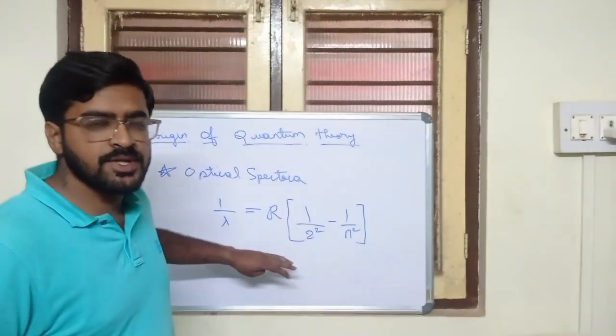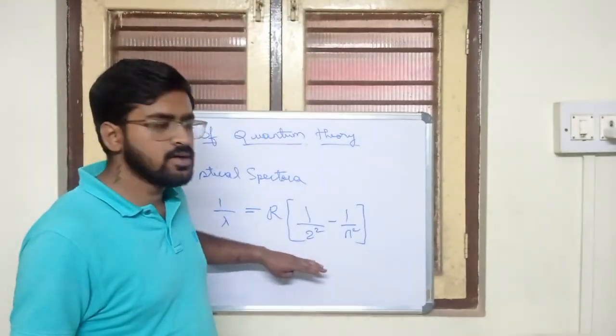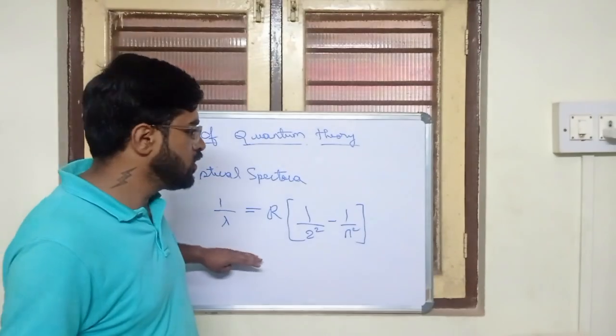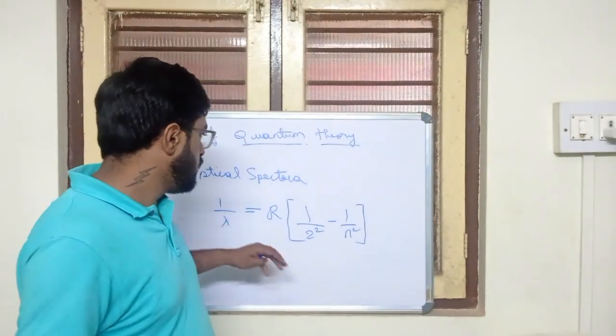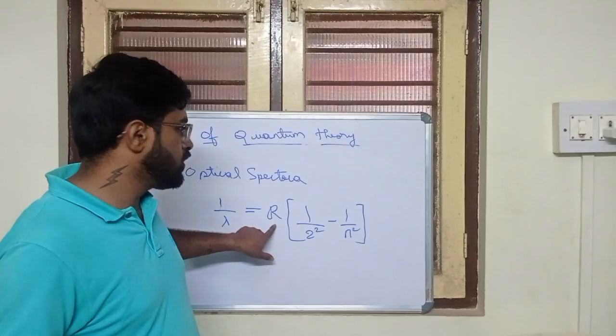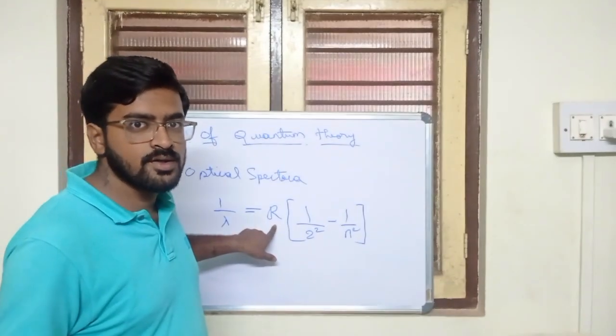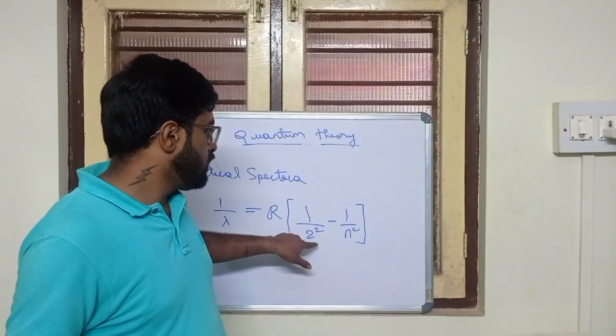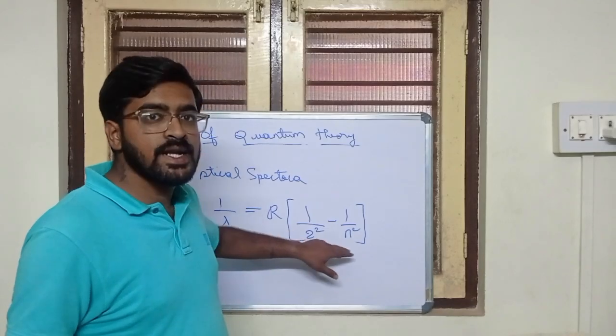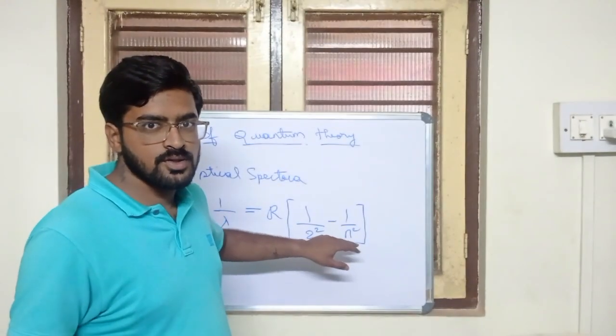This is the expression given by J.J. Balmer for the wavelength of the optical spectra that is obtained, where R is the Rydberg constant, and these are the spectral line numbers.